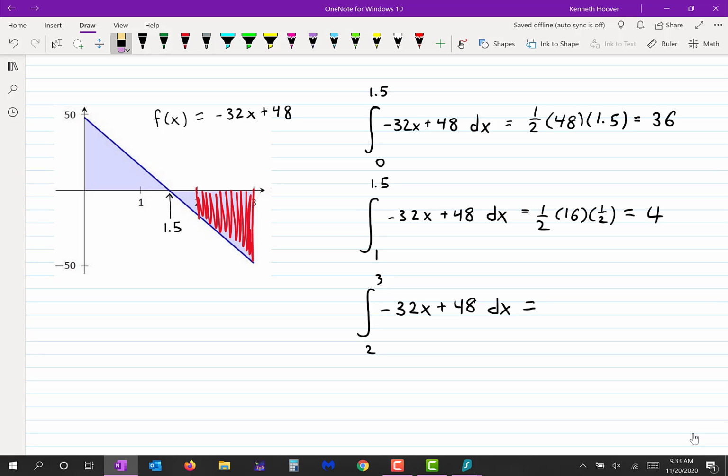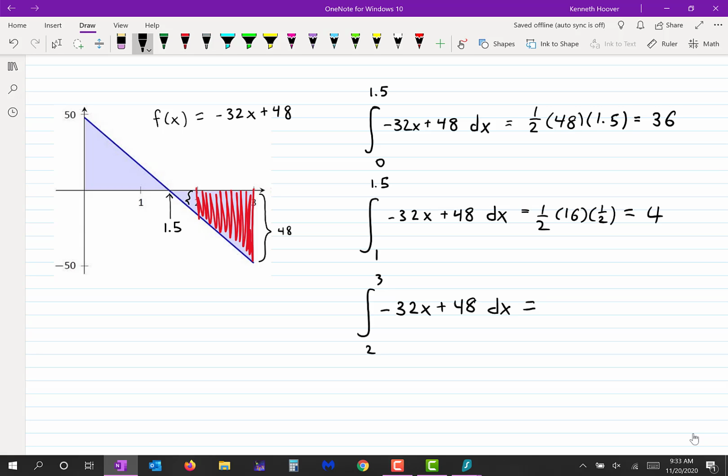The area of a trapezoid is just the average of the length of the parallel sides times the distance between the parallel sides. So let's figure that out, okay? This side over here, how long is that? If we plug in 3 into our function, we'll get negative 96 plus 48, which is 48.